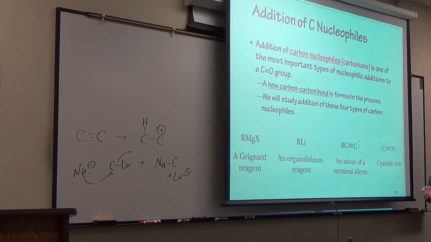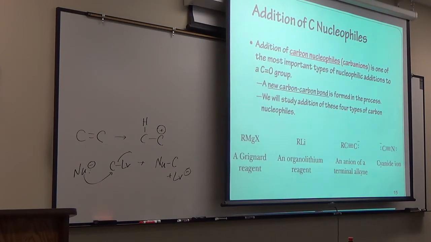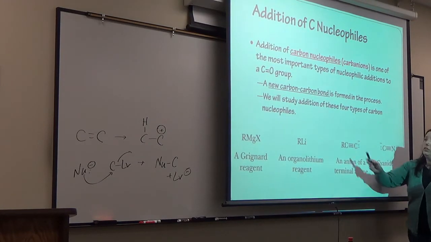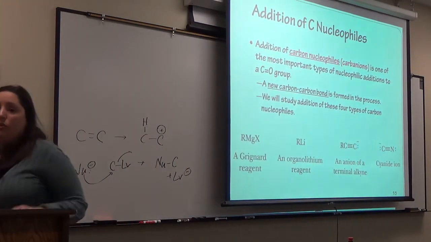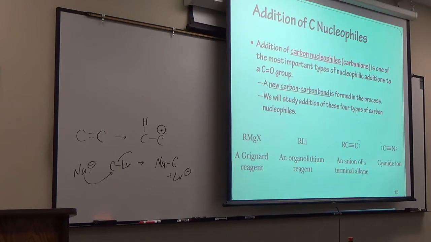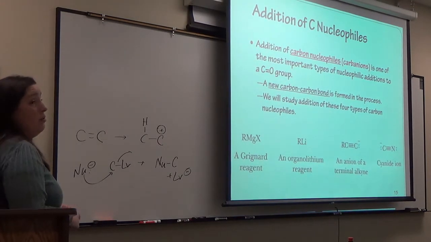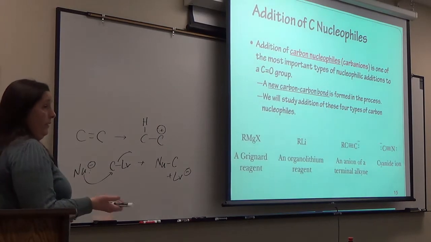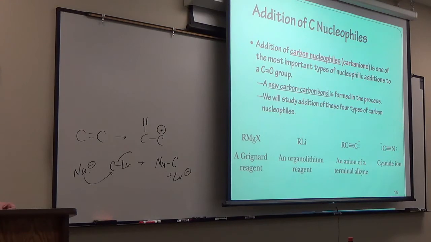Does that make sense? So here the purpose is to add these new carbon bonds. That's really the key. And they work very well with carbonyls, in particular the organometallics, the Grignard and the organolithiums. Remember the Gilmans? We talked about a number of these in chapter 15, last chapter.